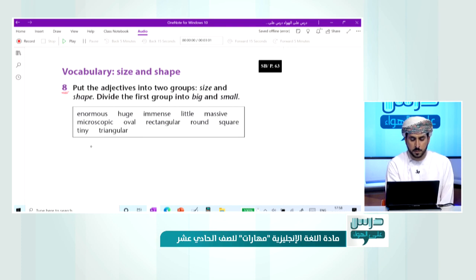So here we have size, this is number 1, and this is the second group, which is shape. Divide the first group into big and small. So this is the first one. We have big and we have small.